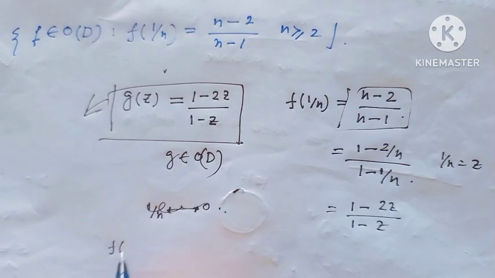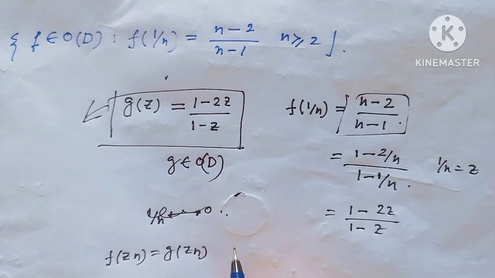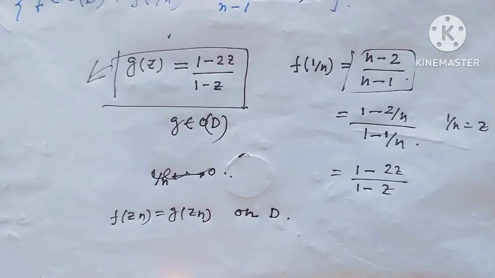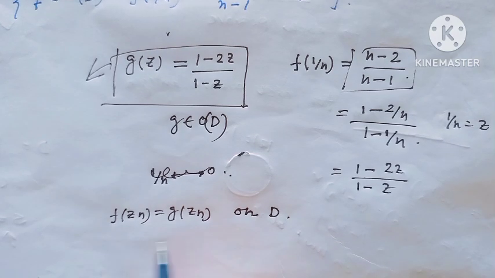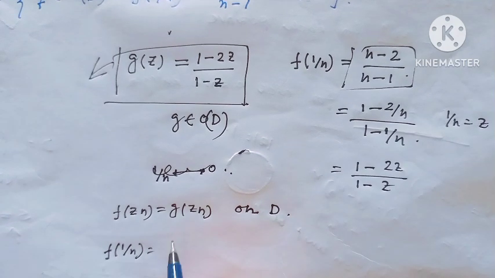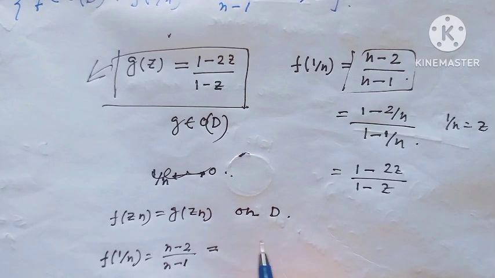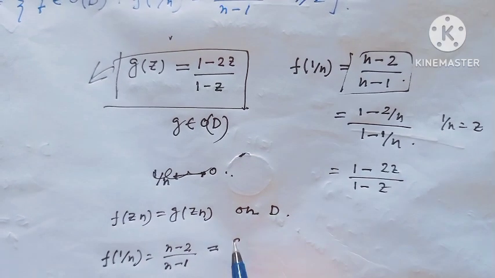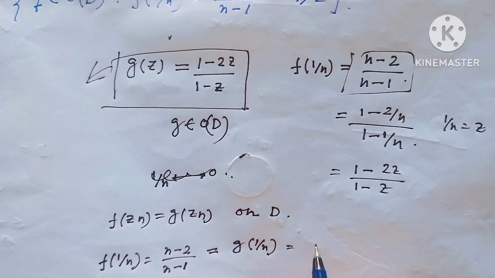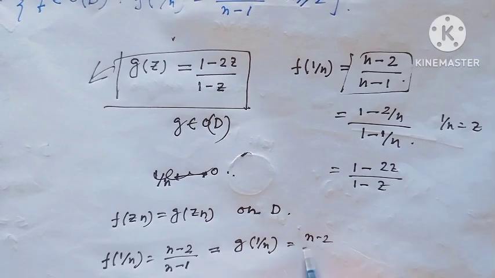And here f(z_n) equals g(z_n). This is true on the set D because f of 1 over n equals n minus 2 over n minus 1, which is equal to g of 1 over n, because just putting the value, this value would be n minus 2 over n minus 1.